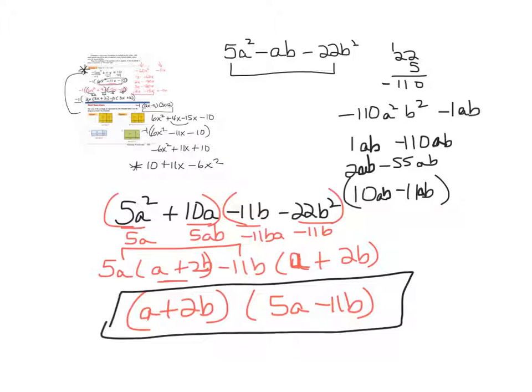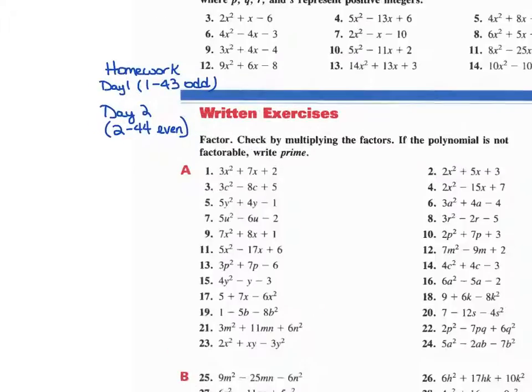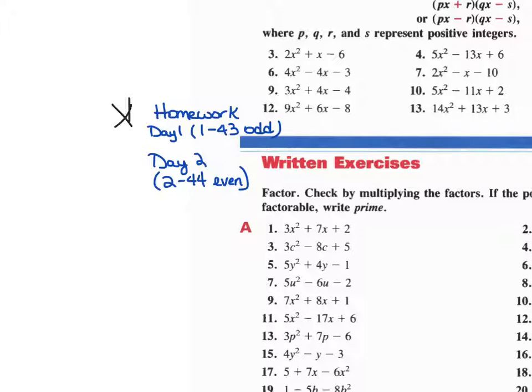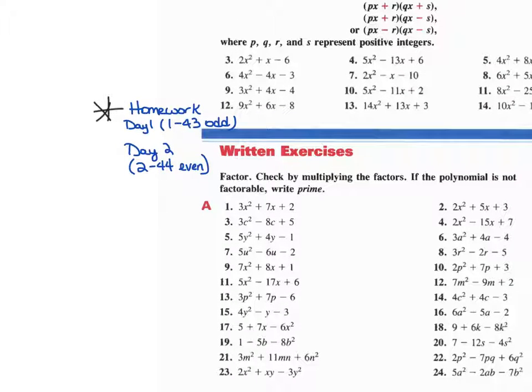So again, we're going to split this up into 2 days. So the homework that you have over the weekend is to do the odds. Then on Monday, we're going to go over these answers one by one. And then Monday night, you're going to do the same lesson again, but you'll do the evens. Now, once you factor these, I highly recommend that you're foiling your answers, okay?